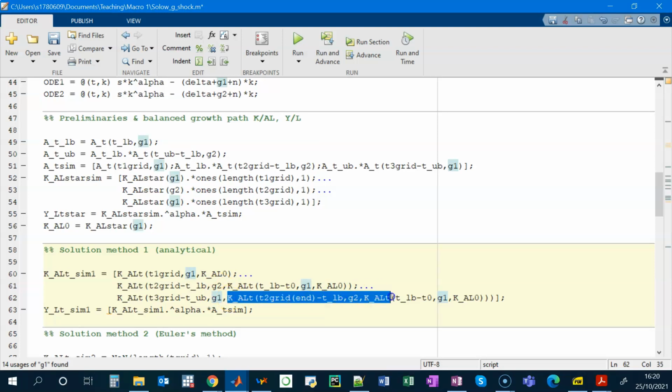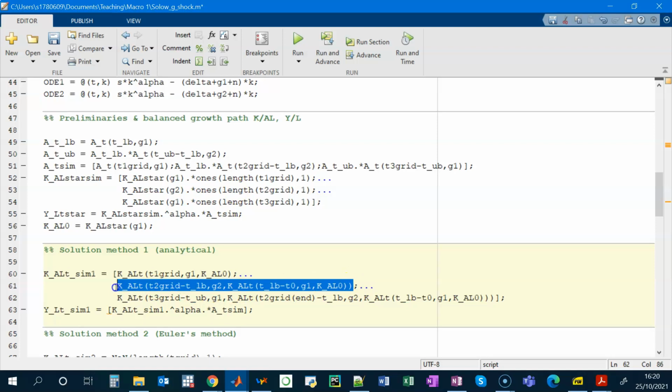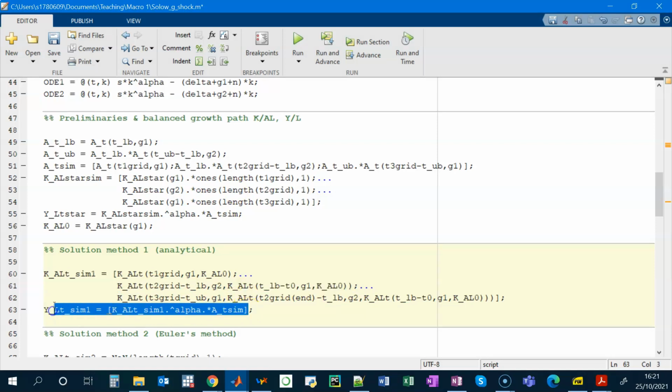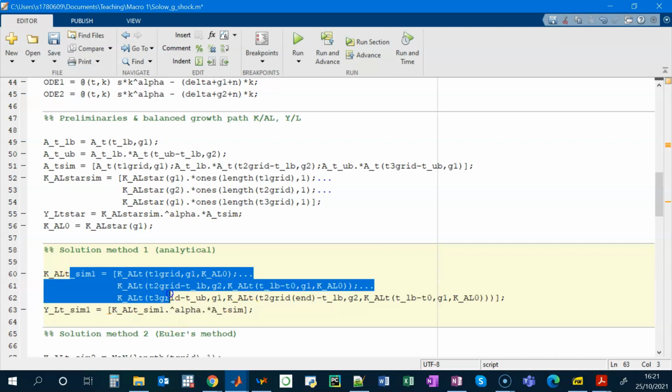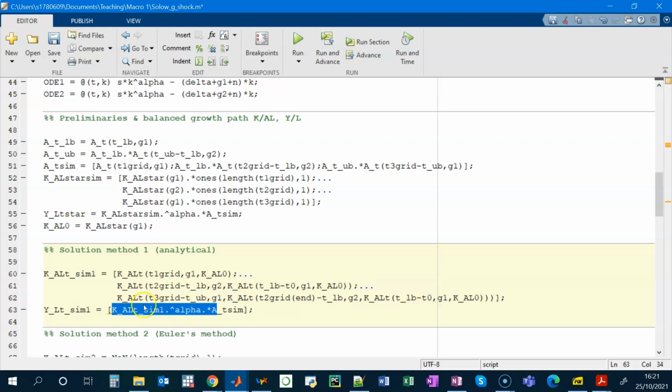And I'm plugging in this complicated expression here, which is actually just the initial condition at T upper bar, or in other words, it's the end point of this time series. And then all I'm doing here is raising this time series to the power of alpha to get output per effective worker, and then multiplying it by my time series for TFP. So that's the analytical solution method.